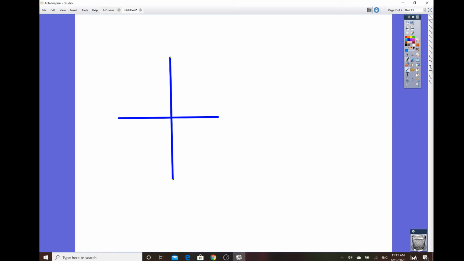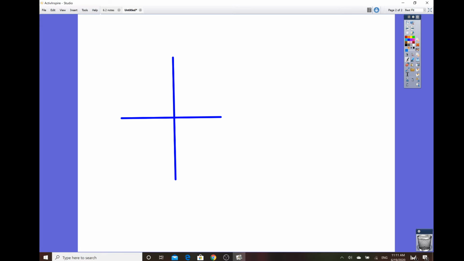Now I'm going to make the parabola, just like a normal parabola. So here's the focus, here's the vertex, and here's the directrix. As you may be wondering, they're equidistant.